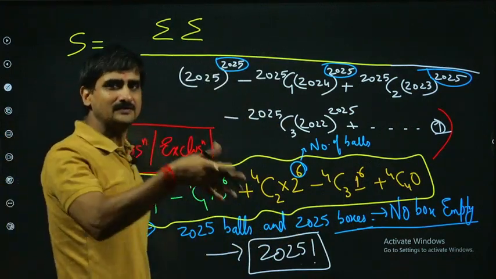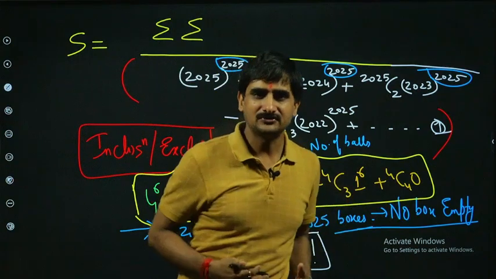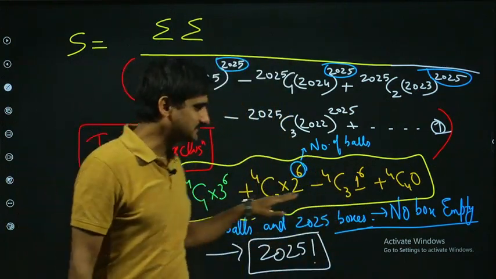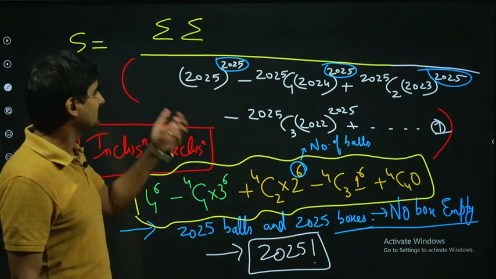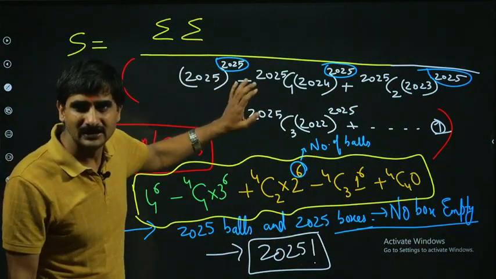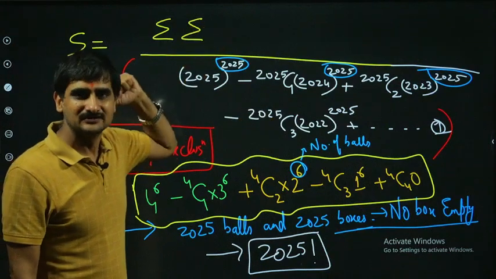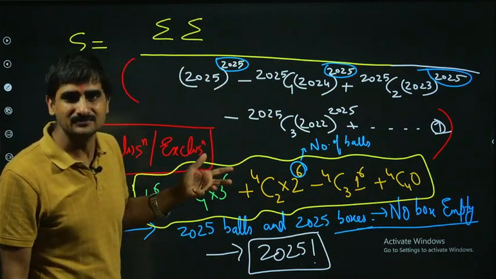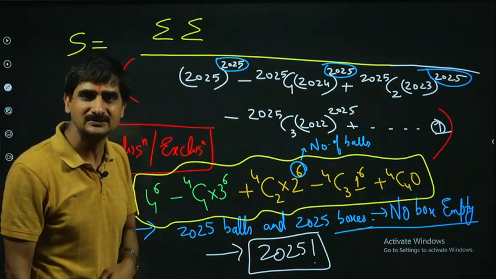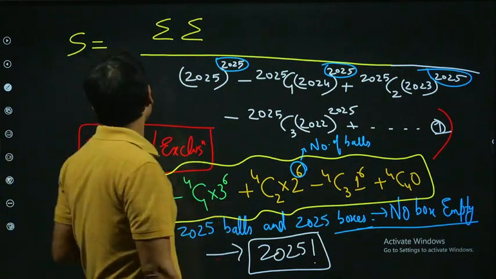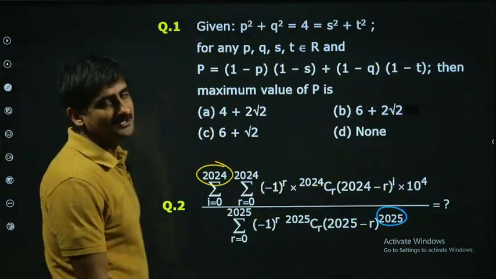Okay, so you set a figure of balls and boxes and then you set this expression in your mind so that you can compare it. See, that's how I could compare it. When I was thinking about it, from where will I get it, all of a sudden the idea came to my mind that yes, it seems to be an exclusion inclusion principle series, and we got the answer. Okay, so that was the second question of the day, bachcho.